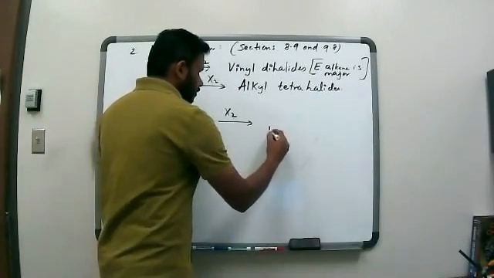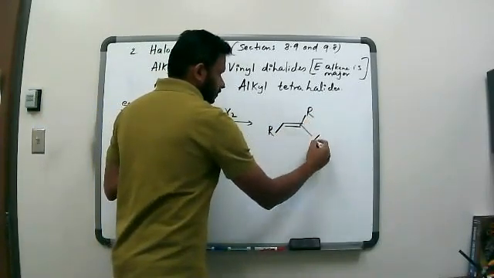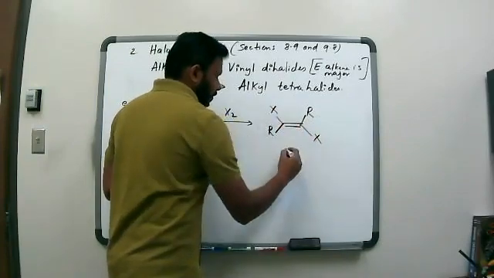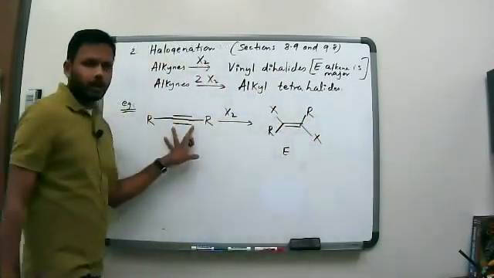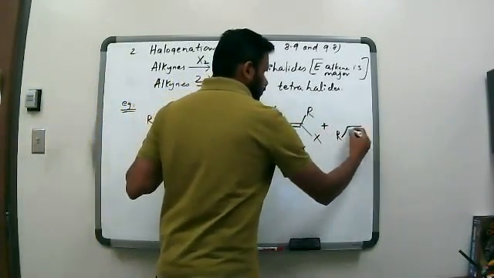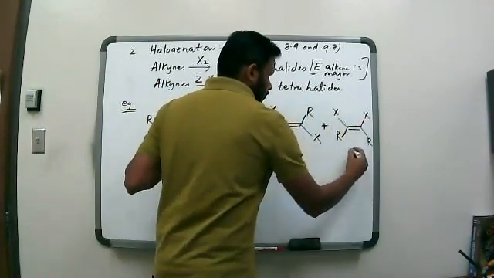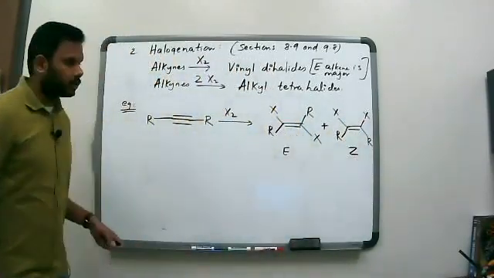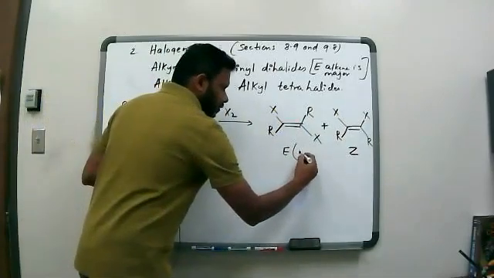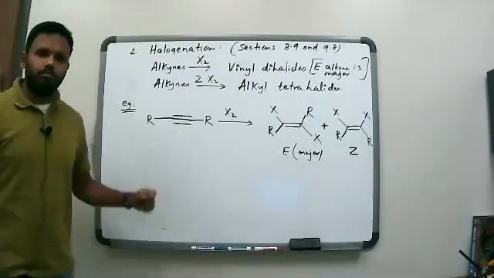And what you would get is this is our E product plus we will have our Z product, and the E stereoisomer is our major product.